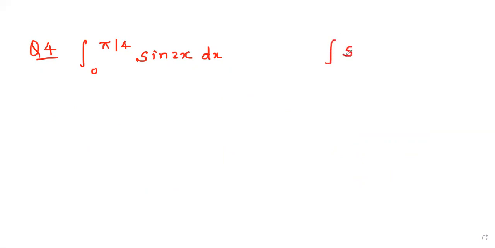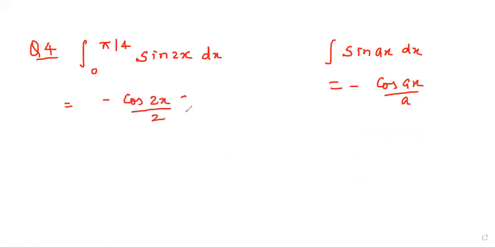So formula sine ax dx integration gives minus cos ax divided by a. So it will become minus cos 2x divided by 2, limits 0 to pi by 4. So minus 1 by 2 outside, cos 2x, limits 0 to pi by 4.